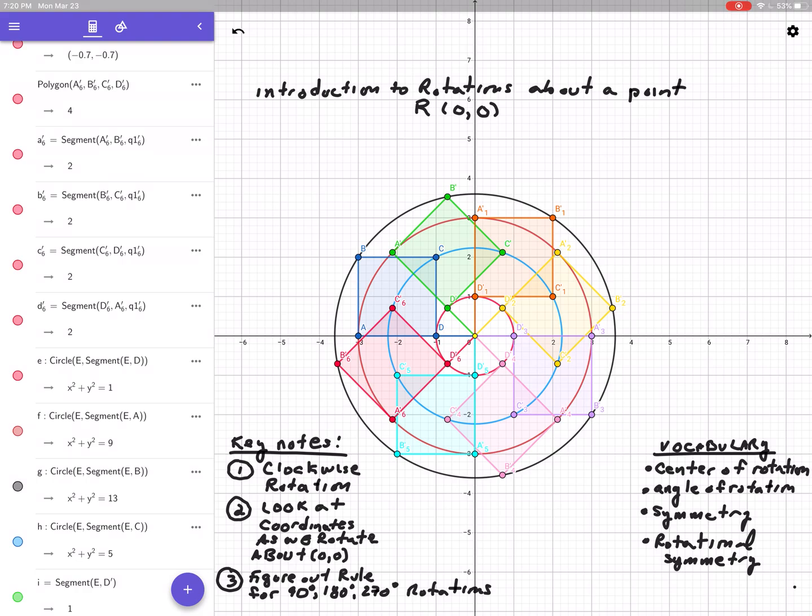So the pre-image will be the image if it's rotated in either direction 180 degrees or less, and that's what's called rotational symmetry. And basic symmetry is an isometry that maps a figure onto itself. And we'll talk about those in much more detail later.